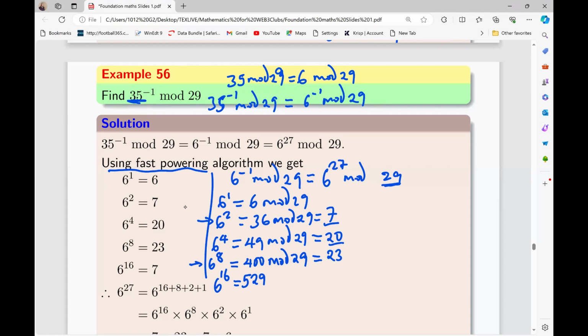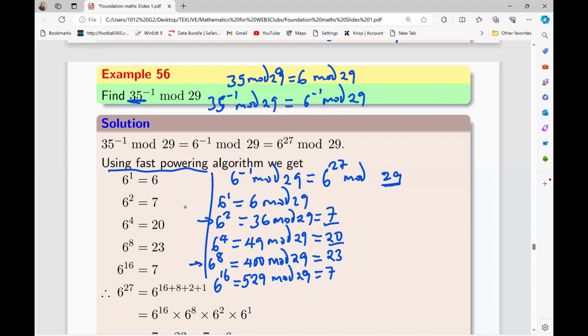I would have written a smaller number, and I'll show you. Now, 529 mod 29: 29 goes there 18 times, and the remainder is 7.